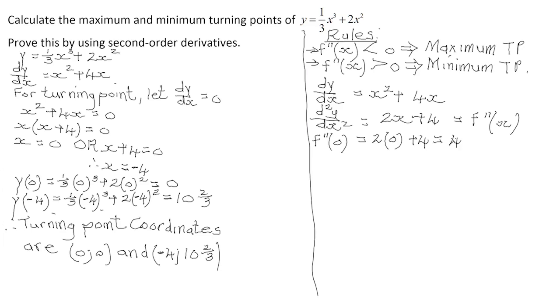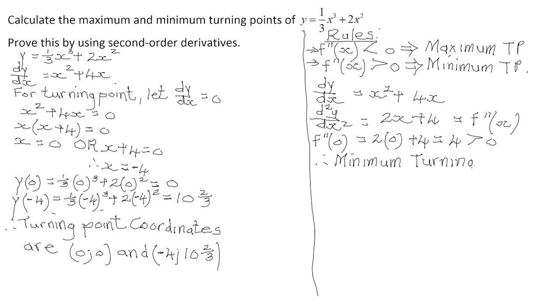And 4 in this instance is greater than 0. In other words, when it's greater than 0, what does that mean? Therefore, you look at the coordinate with 0, that one is your minimum, because it's greater than 0. You can see the minimum turning point.